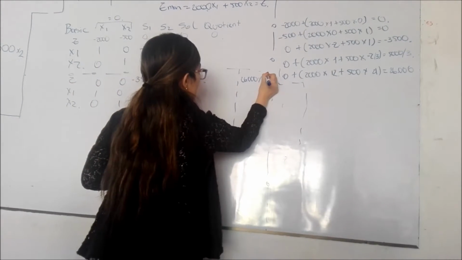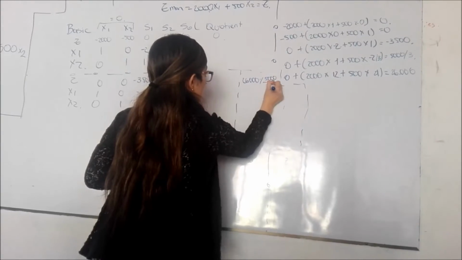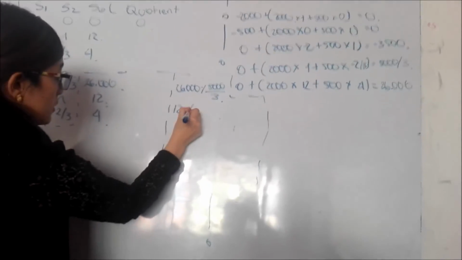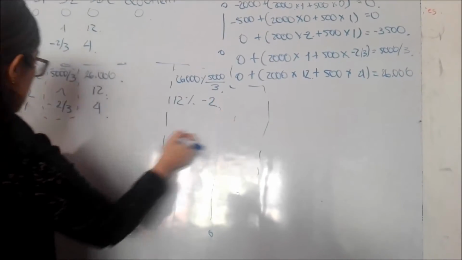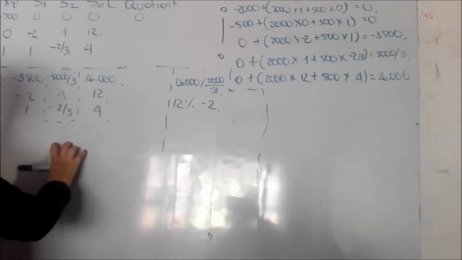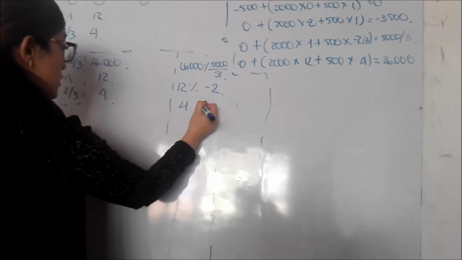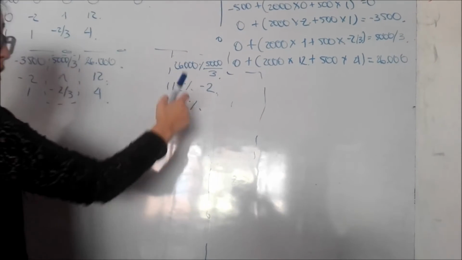Already having our new control table, we will look for our pivot column. Already having our pivot column, we will divide by our solution to find the data of our row.